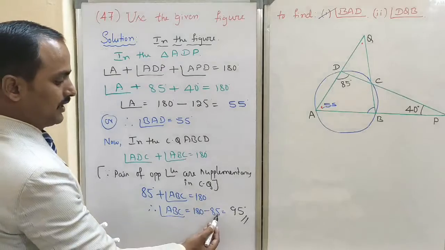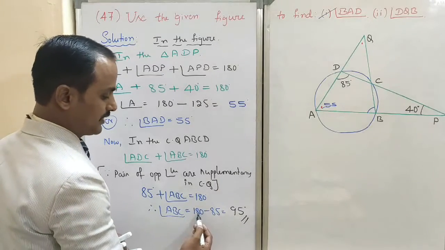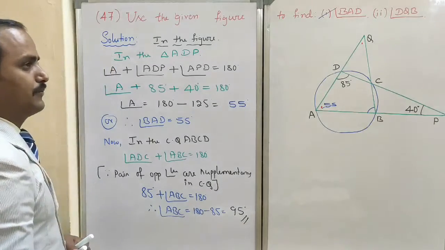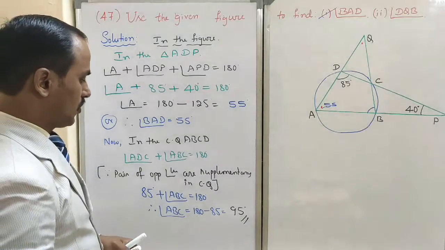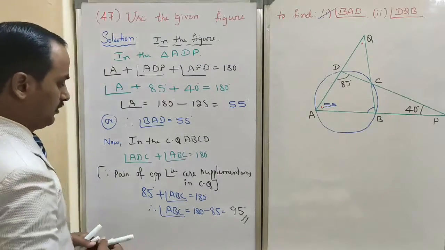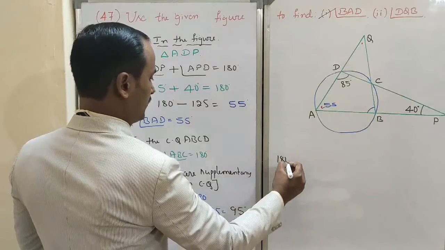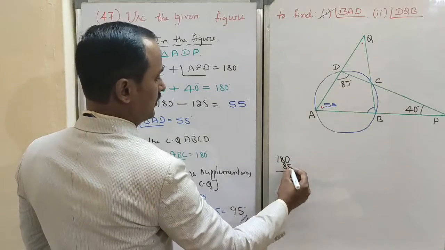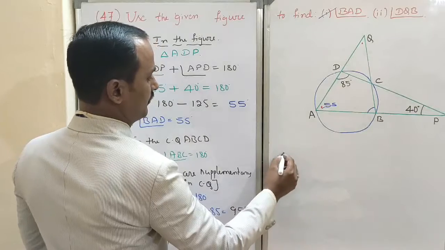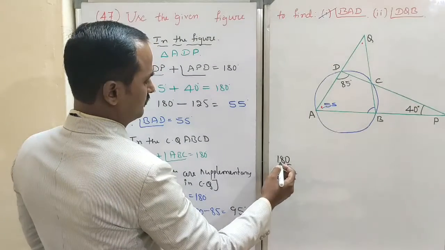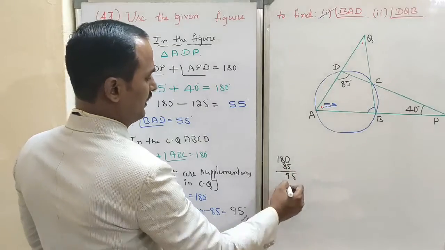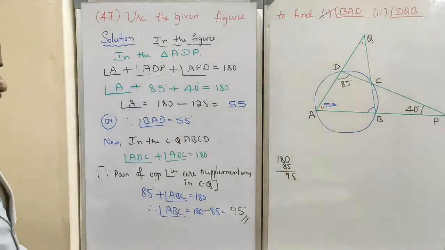Don't be confused, dear children, I will do it neatly. See, 5 will come, this is 17, 17 minus 8 means 9 only. 95, no confusion. Okay, clear?